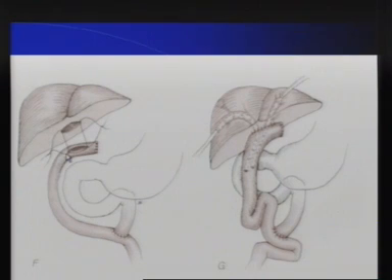This is a standard method of doing hepaticoduodenostomy for biliary tract injuries and stricture formation, and this anastomosis has to be about 2.5 centimeter here.